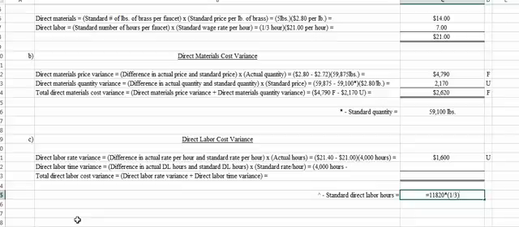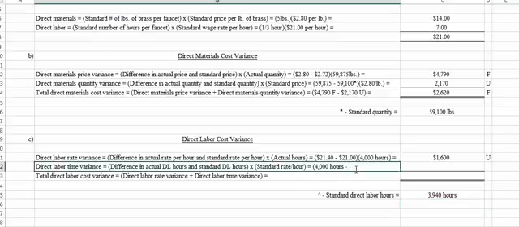To get the standard number of direct labor hours, just multiply those out and we get 3,940 hours. Okay. So our actual direct labor hours were 4,000. The standard number was 3,940 hours.